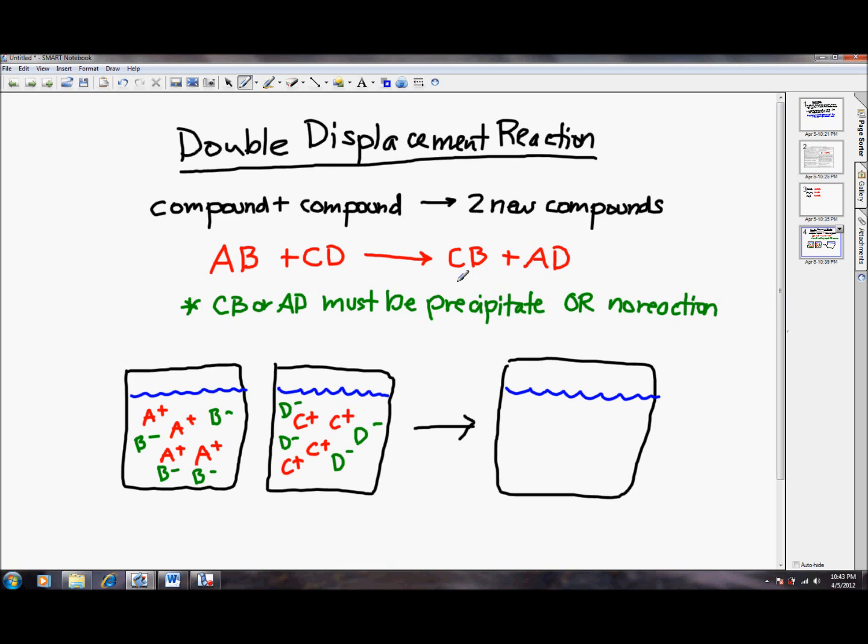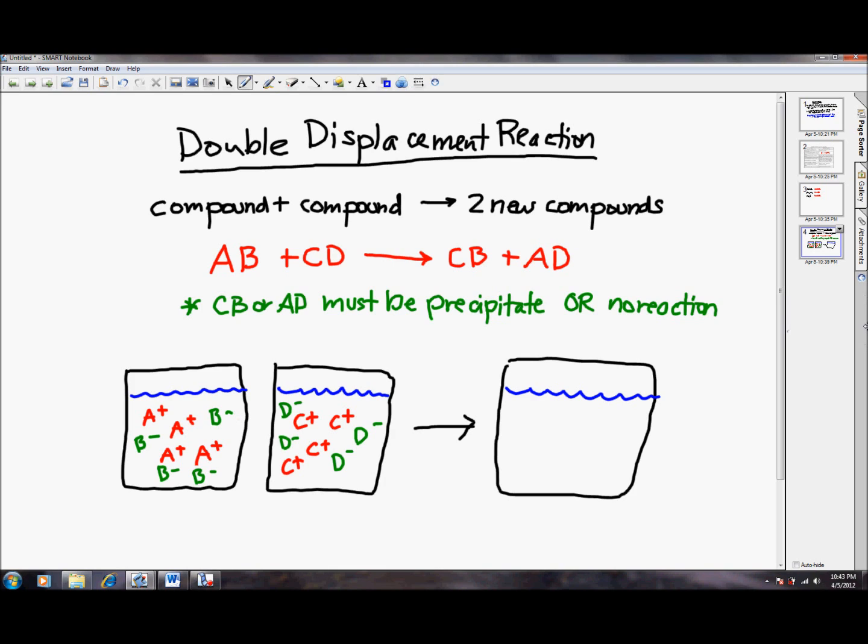Okay, so let's say that CB is our precipitate. CB is the precipitate. That means that when C and B get together and make a compound, they don't come back apart again.